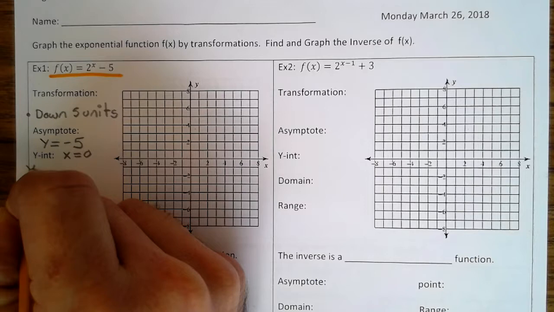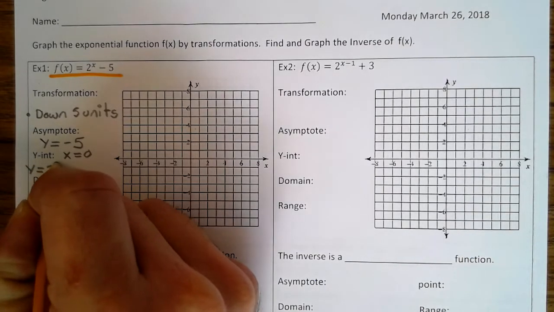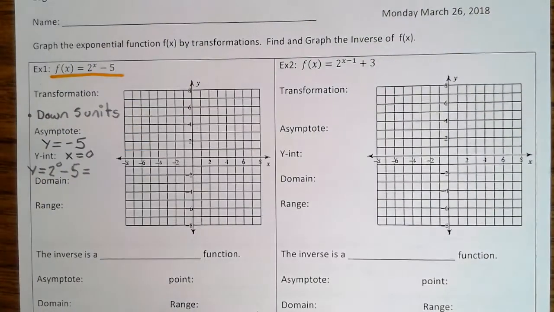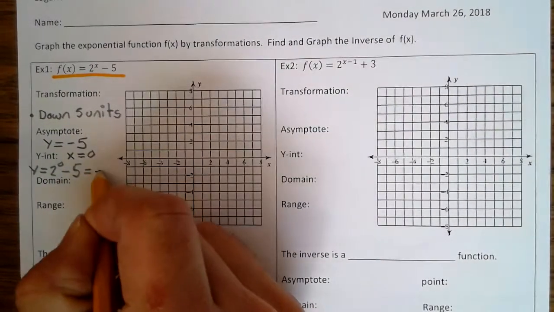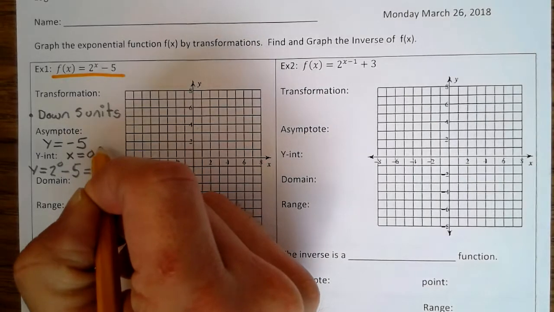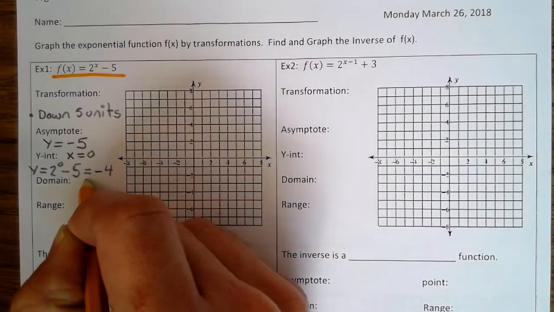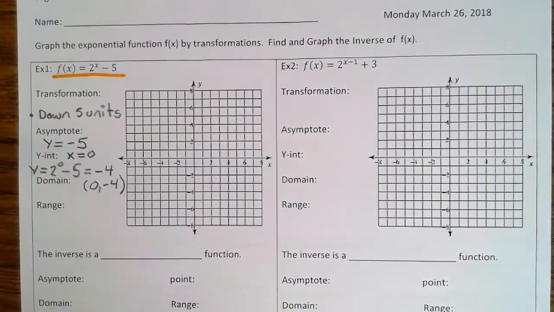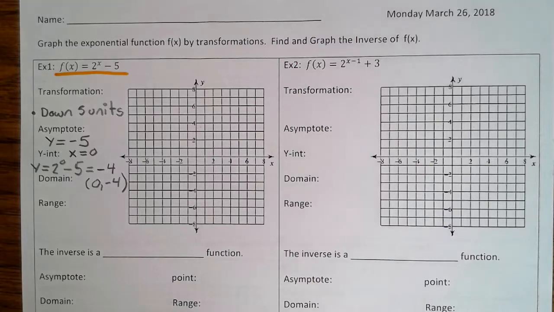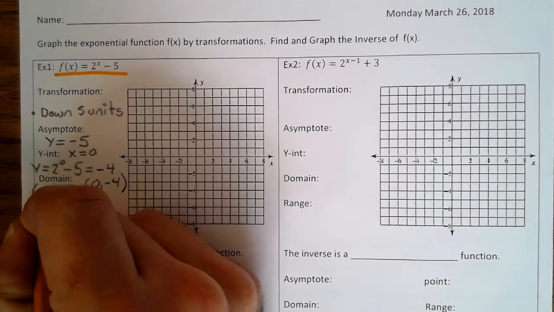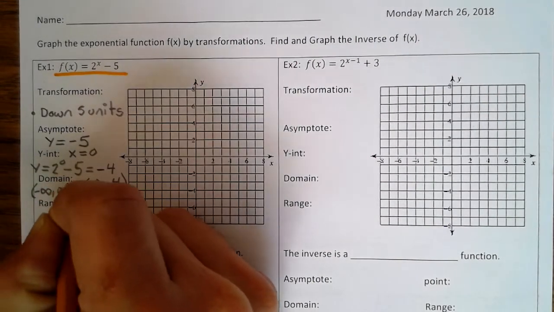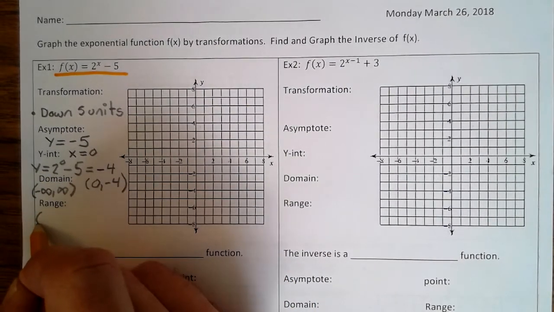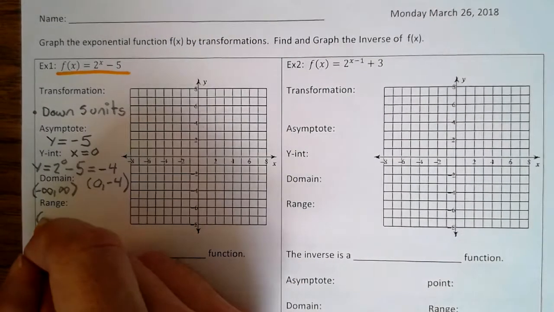So y equals 2 to the 0 power minus 5, which equals -4. So the y-intercept is 0, -4. All right, domain we know is -infinity to +infinity. And then the range is from -5 to infinity.